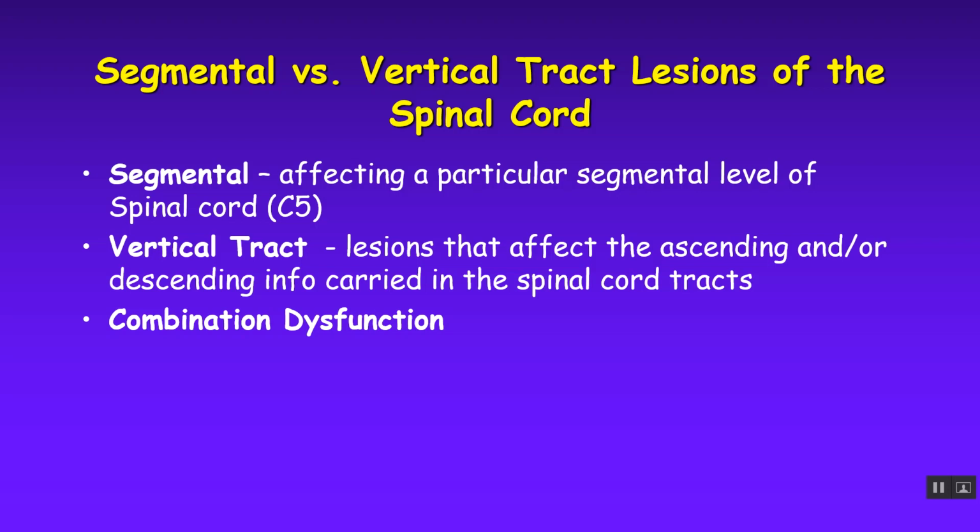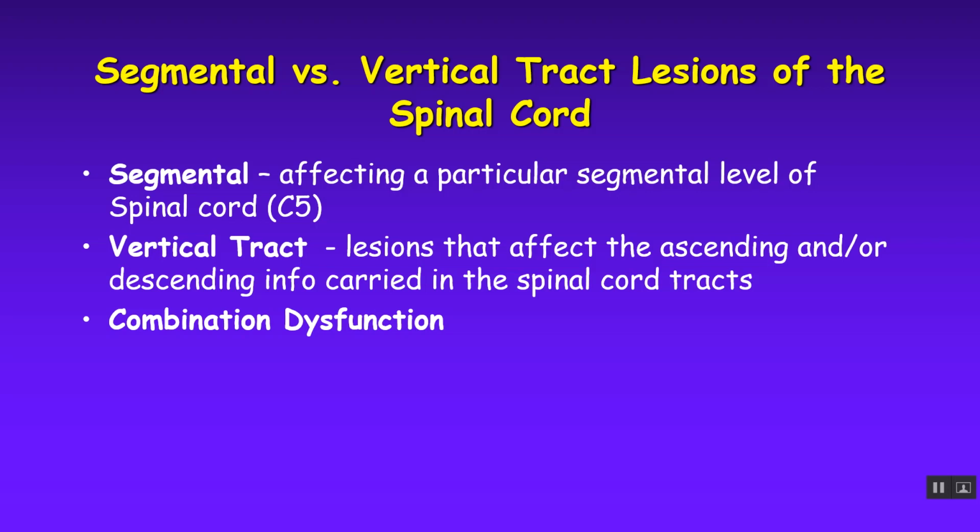Okay, that could cause flaccid paralysis at C5 in just that one C5 area, or cause dermatomal loss of all modalities of sensation in that C5 root, or area. But then you're going to block descending signals that are trying to get past that, and ascending signals that are trying to get past that level where it was damaged.